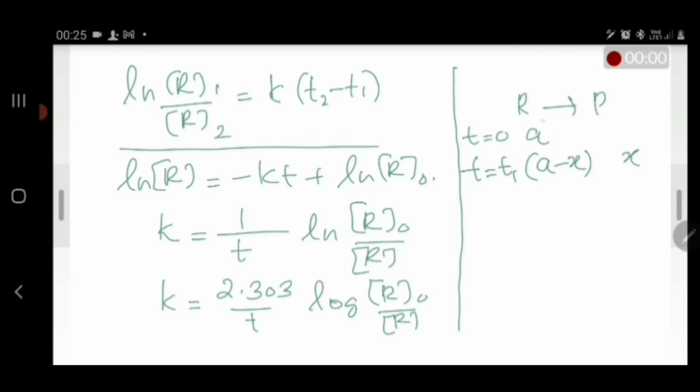So if you replace R naught by A and the molar concentration of the reactant after some time t1 as A minus X, you can have an equation like this also, that is k is equal to 2.303 divided by t log A by A minus X. I have introduced this equation because in many of the textbooks they write like this, so you don't have to get confused.